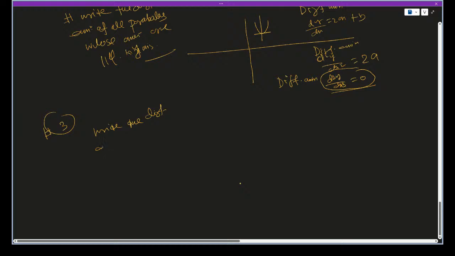Write the differential equation by eliminating m and c, that is, y square equals a square minus x square.